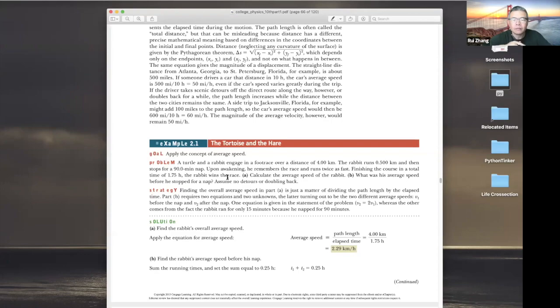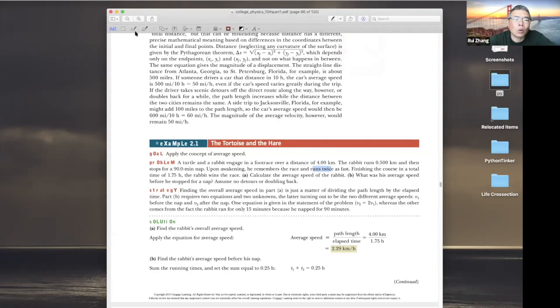Now we're going to do this one, but we'll do a simpler version of this problem, just to make it a little bit easier. Instead of saying he runs twice as fast, we'll just say he runs at about the same speed.